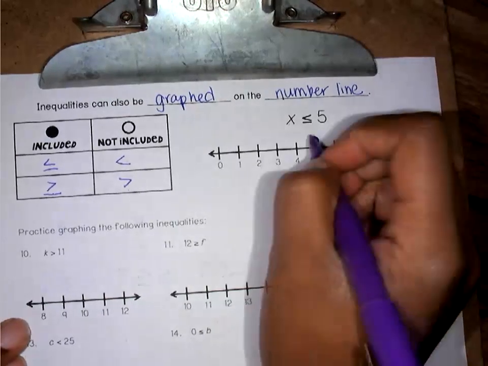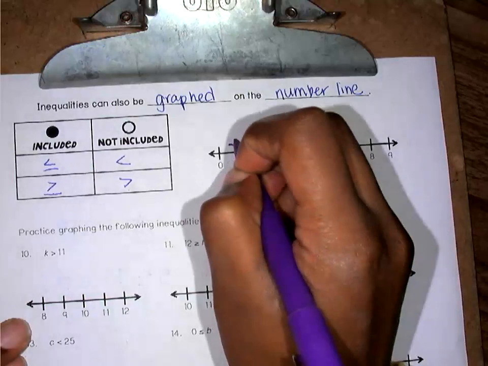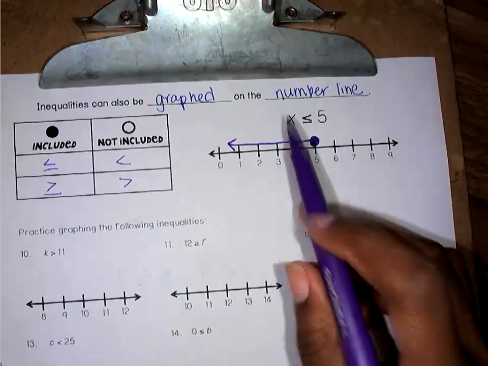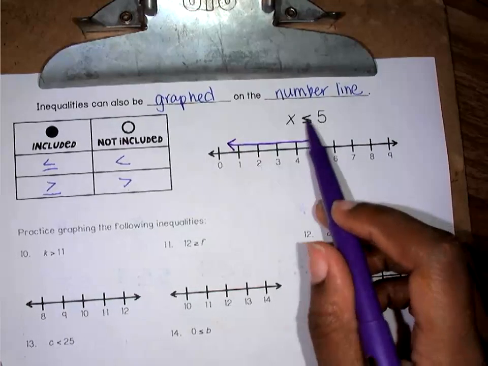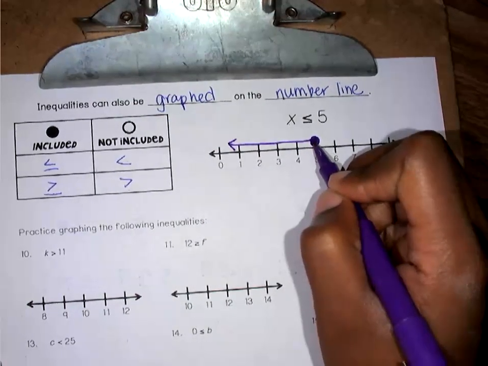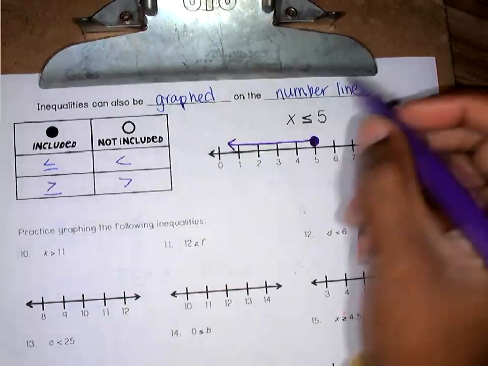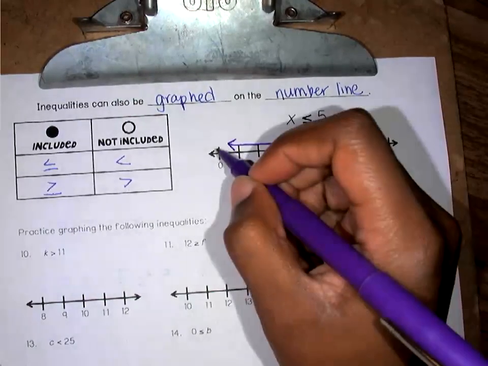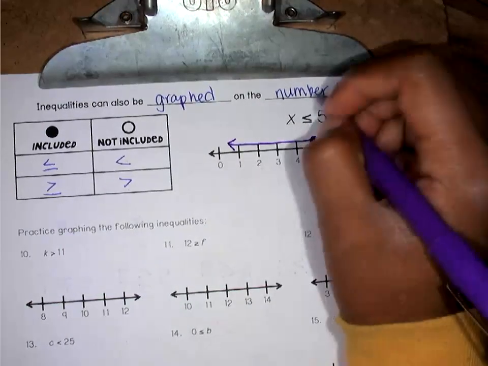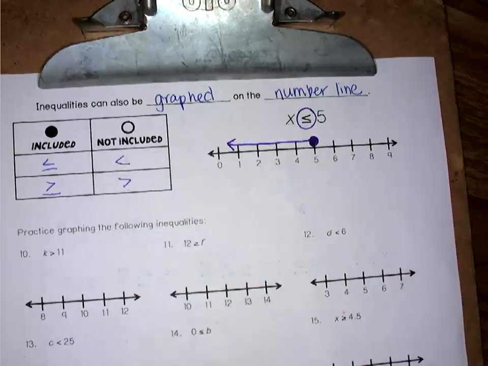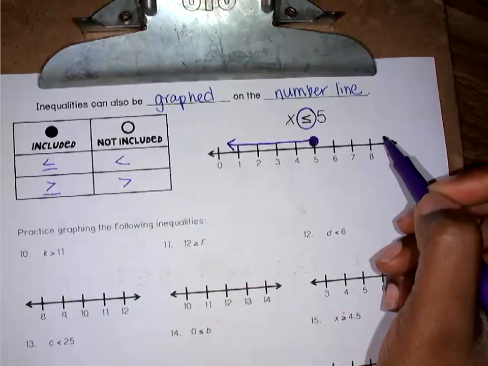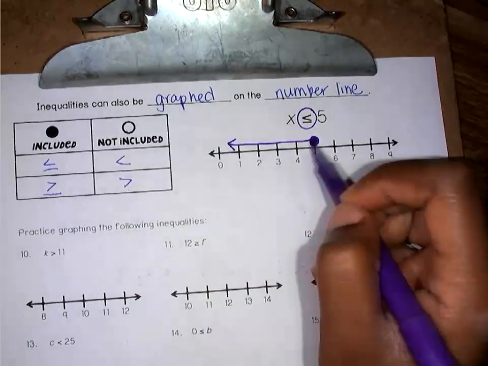And you are going to make an arrow this way, because you are saying that x is less than or equal to 5. That means that x can be 5, but it's going to be less than. So that's why you're dragging this arrow to the left side, because that means any number less than it. This tells us which direction to go. This says less than. Now, if this was greater than, we would go the other way. But this says less than.